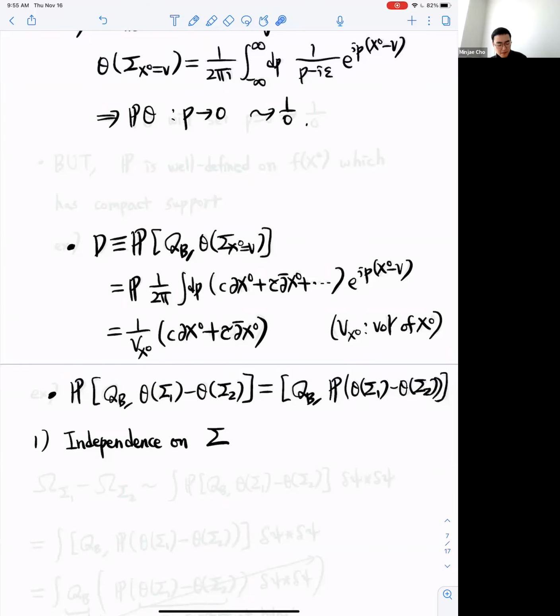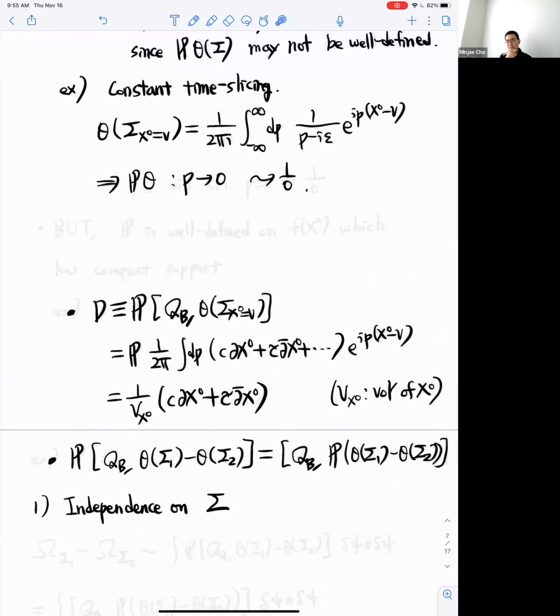That's a fair point. Actually, the only explicit examples that we worked out were this constant time slicing and, say, light cone slicing. In the case of light cone, it turns out that if you replace this x naught by the light cone direction, then all of these are weight 0,0, so they're all fine and good.